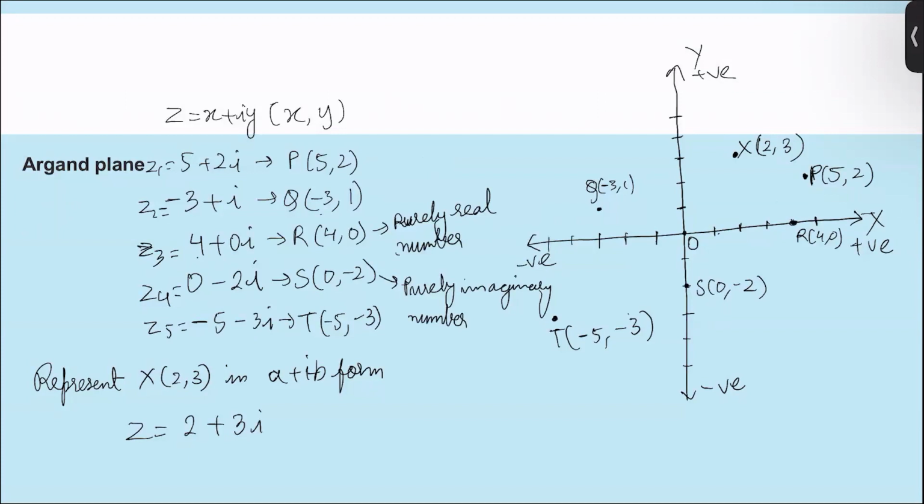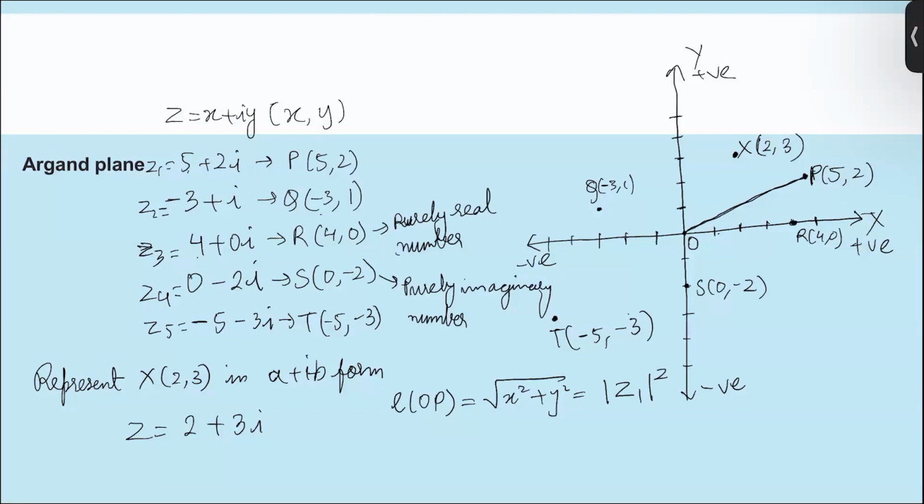Suppose we have this point P, and we want to find the distance between the origin and the point P. So now the length OP can be given in the form of root of x square plus y square, which actually becomes the modulus of the complex number itself.